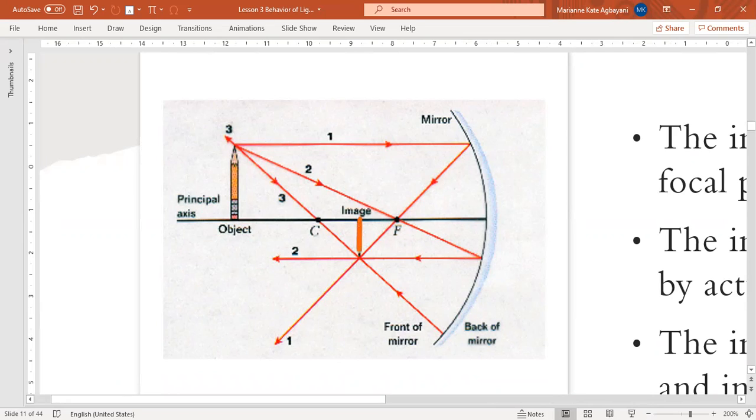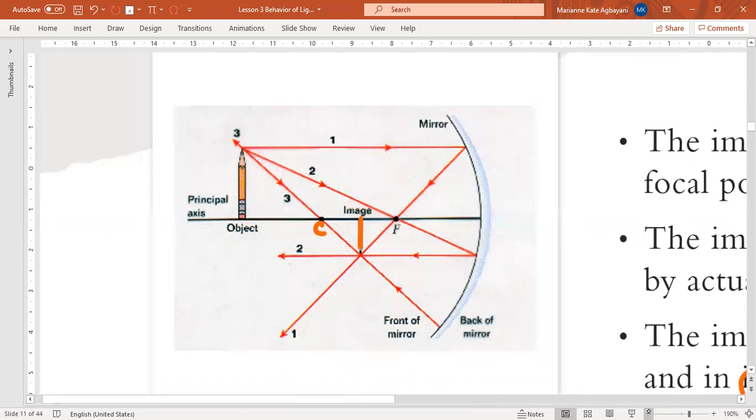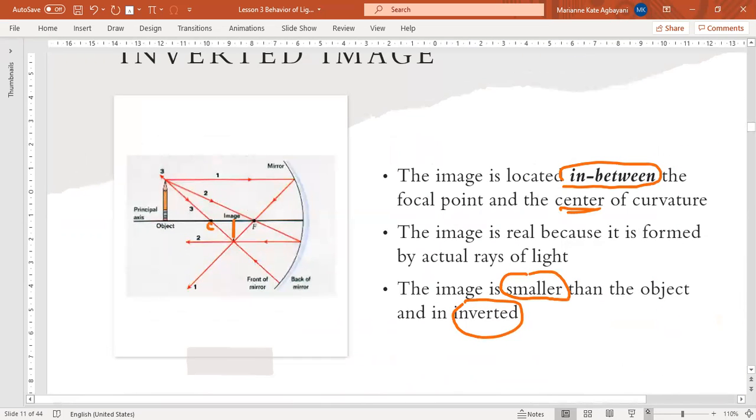We have here the center, atong center point, and center of curvature and the focal point. Na siya in between yung image natin. Okay, now let's proceed.